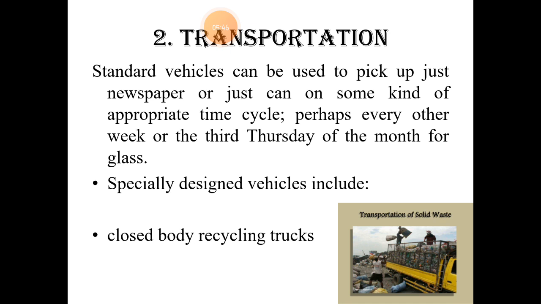The next step of solid waste management is transportation. In this stage, standard vehicles are used to carry the waste from the source of generation of waste. The vehicles may be closed-body recycling trucks that avoid the spillage of waste on the roads.